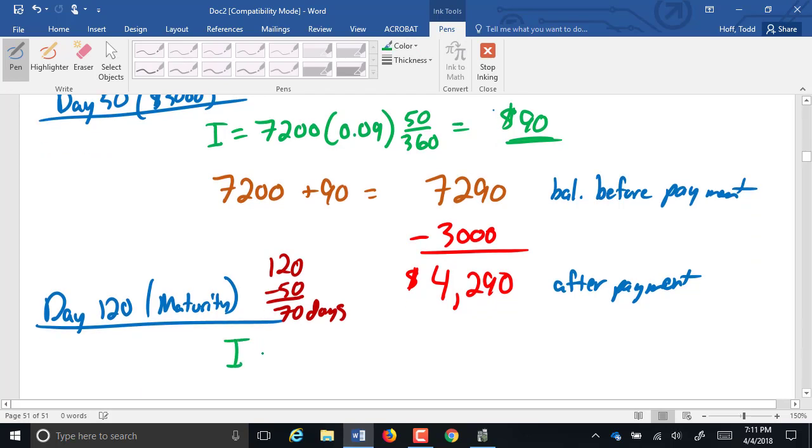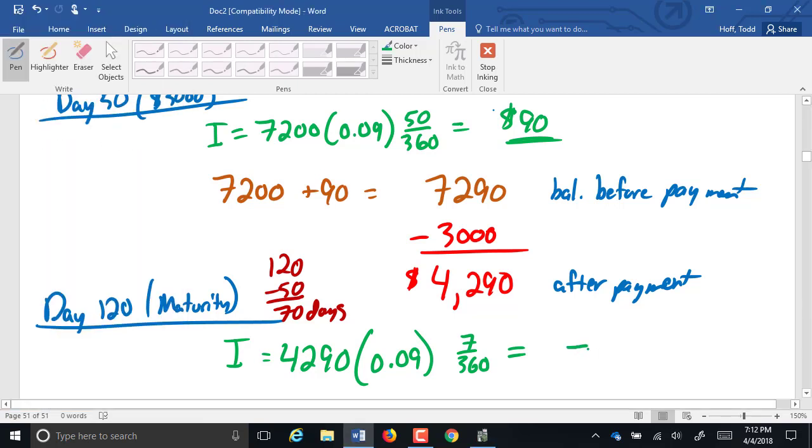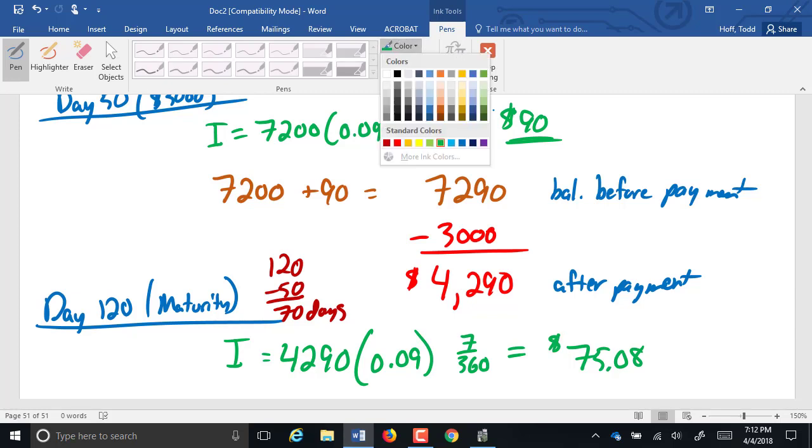Our balance is the 4,290 times 0.09, 70 over 360. So 4,290 times 0.09, 70 over 360. We get $75.08 in interest.